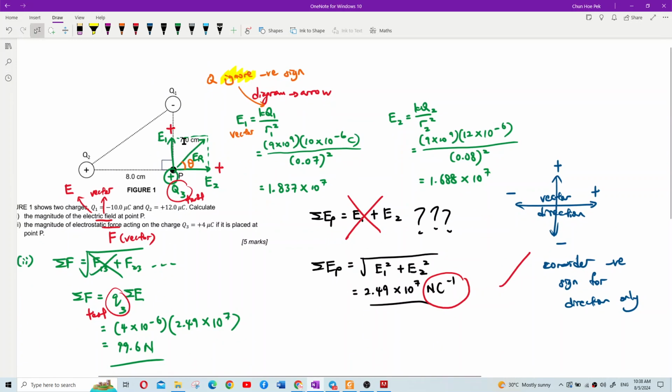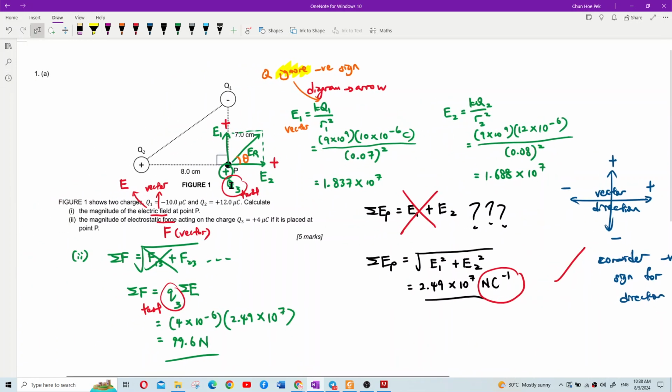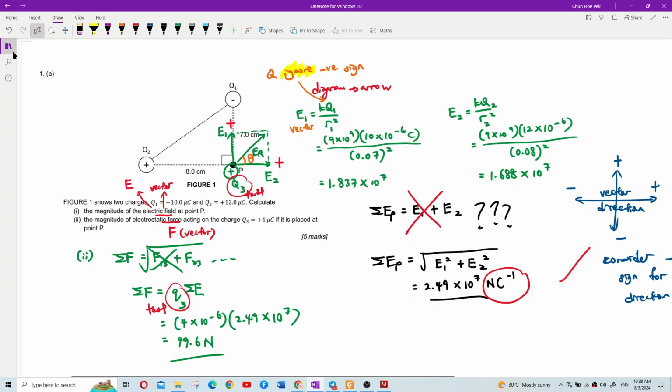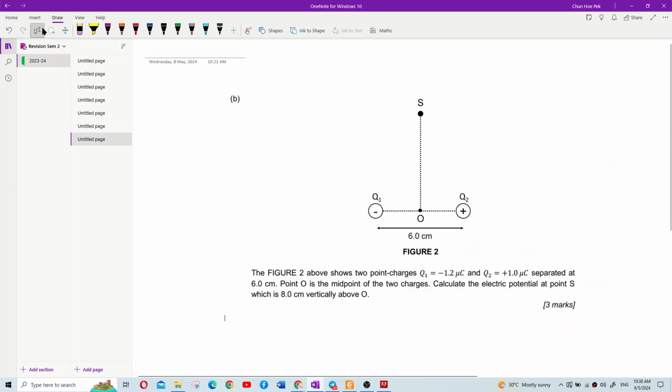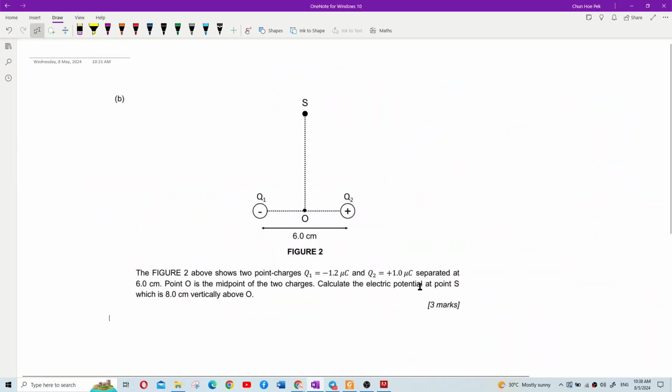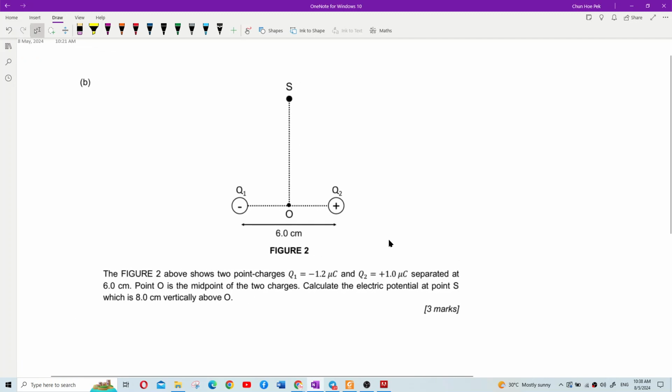Okay, so for vectors, you need to draw the diagram first before you find the resultant. But for the next question, about potential, no need to draw any vector. I'm surprised some of you did it like a vector.